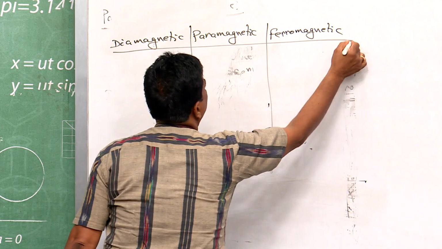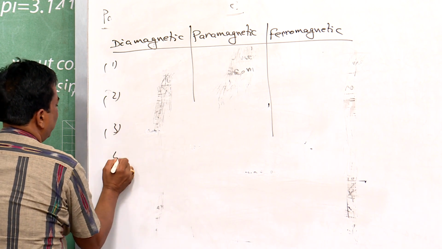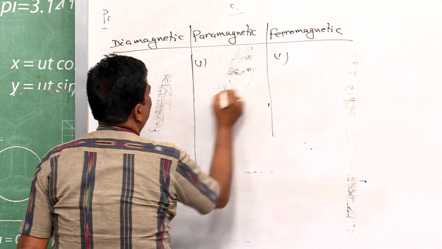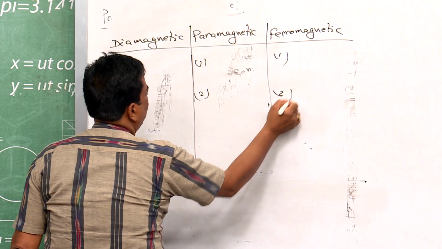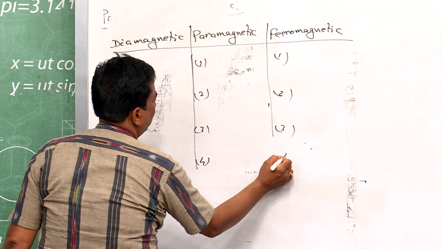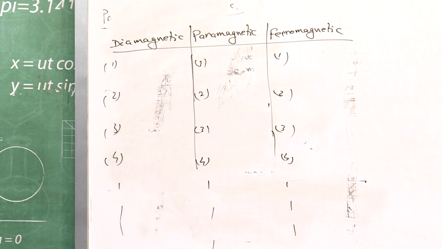Likewise we have to distinguish the properties number 1, 2, 3, 4, 5, 6, 7, and so on.